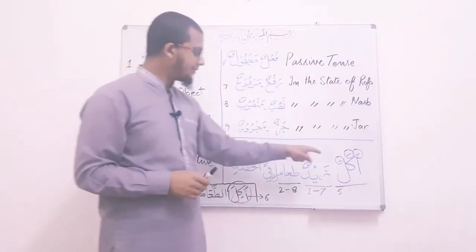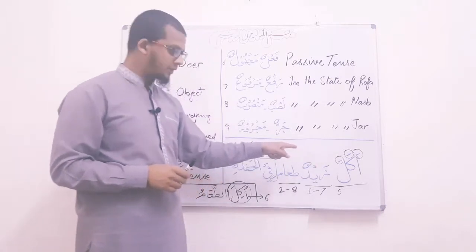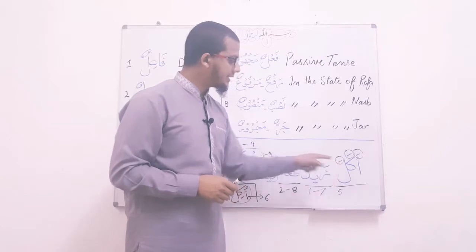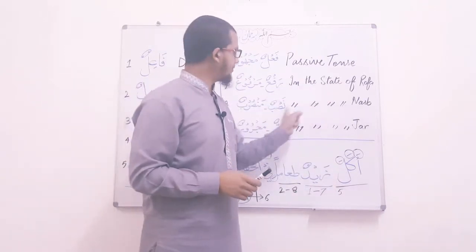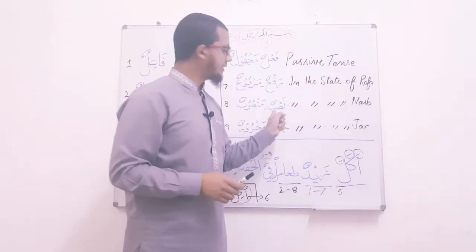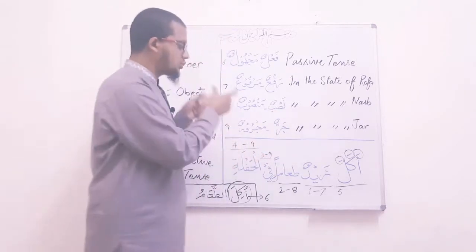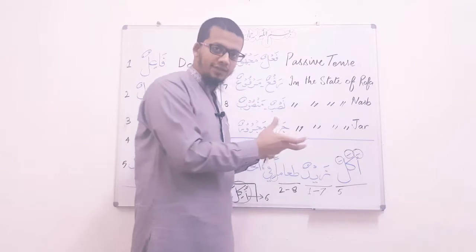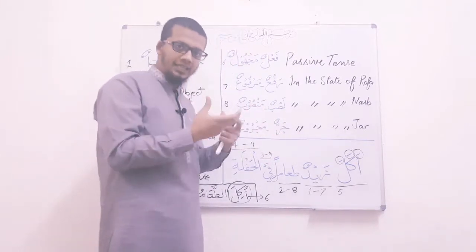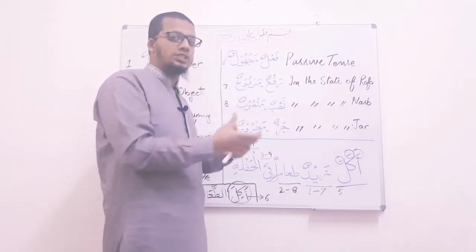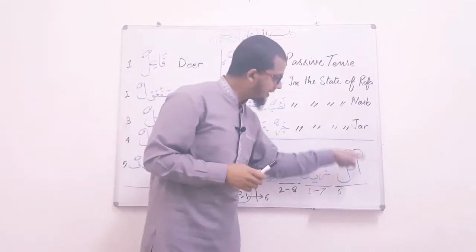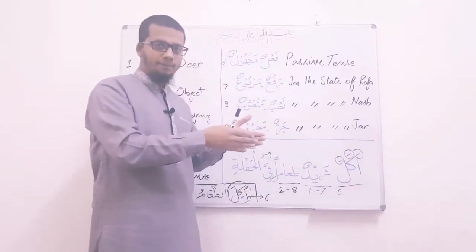But at the same time, when we say that the last letter of akala is having fatha, we will say that this word is in the state of nasab. When we are telling someone what the situation of the word is, we will not say that this word is in the state of fatha.